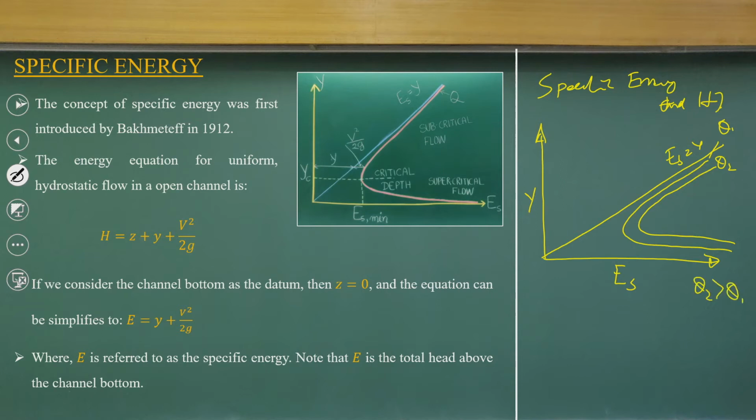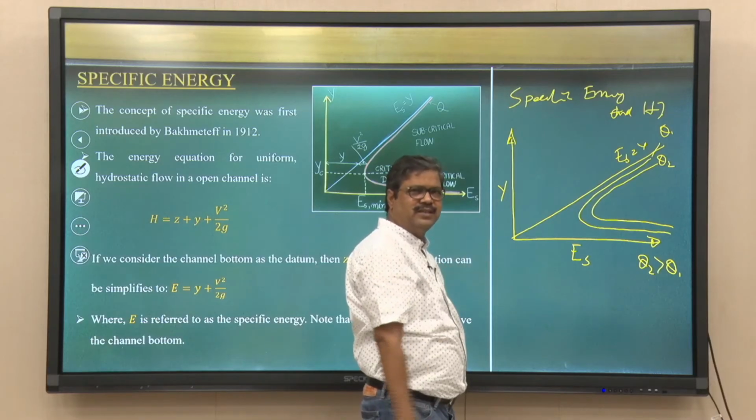This is simple: you just interpret the relationship between the specific energy, discharge and flow depth, and you get these curves for Q1, Q2 as constant discharges. I can draw a functional relationship for a constant discharge. Mostly canals and others we design for a constant discharge.